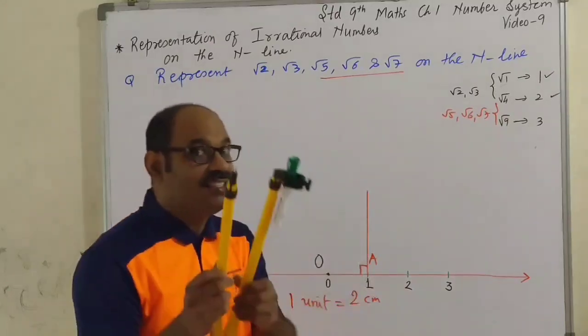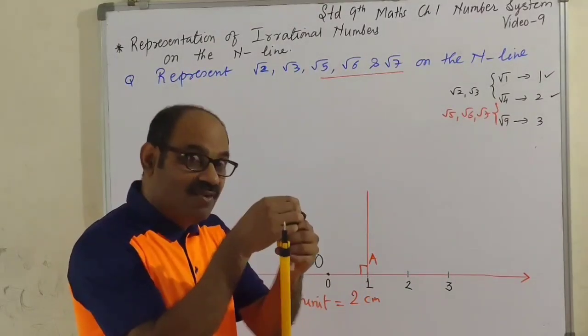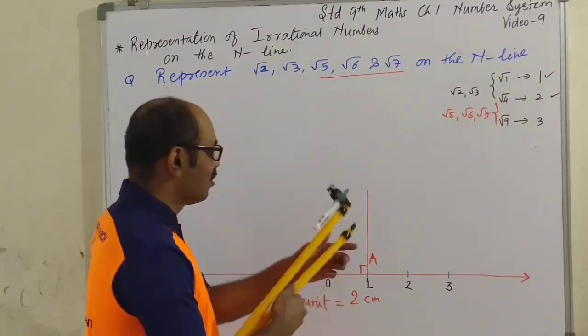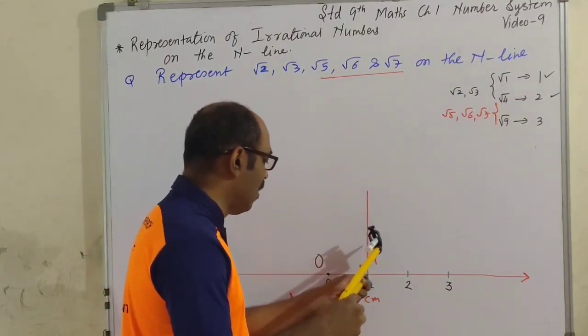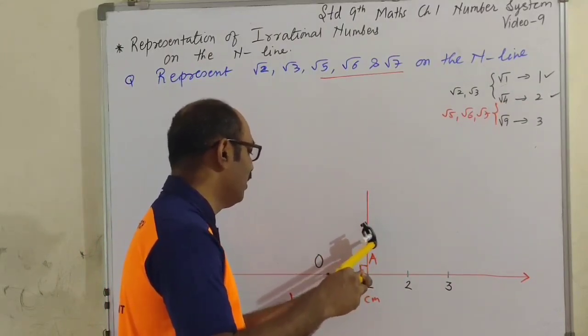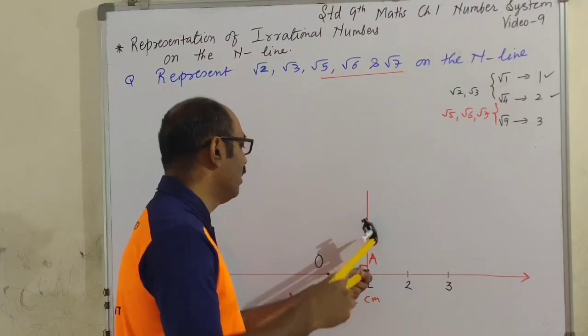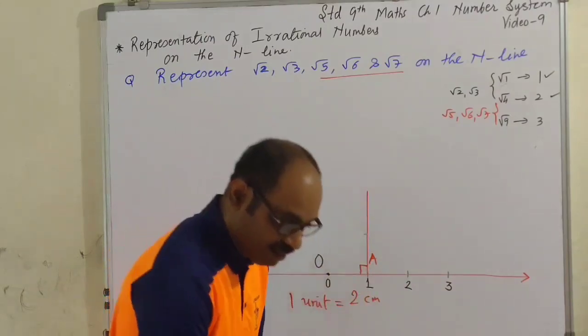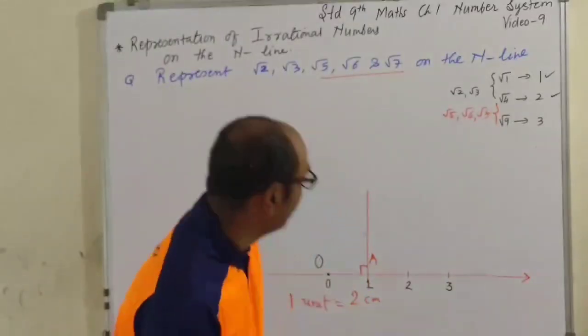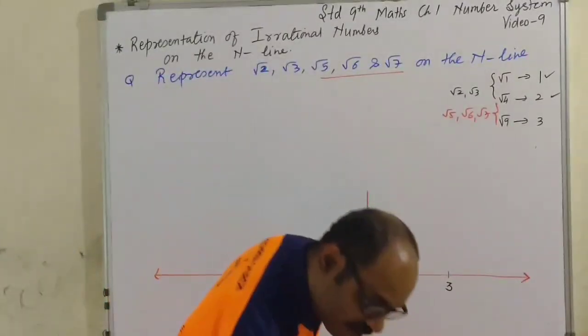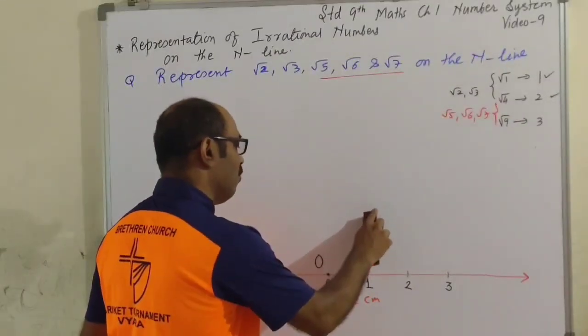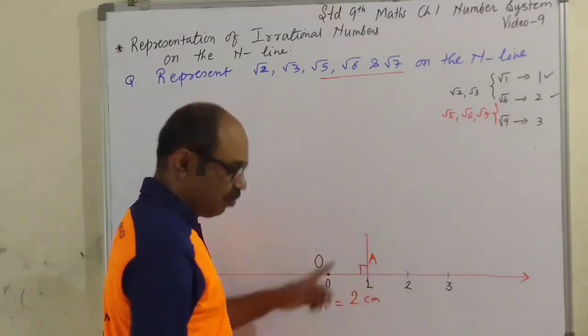I have not changed this radius. It is still 1 unit. Okay? So from here I have to choose 1 unit. Correct? I'll remove this part, children. In this method we don't want this part. So 1 unit.